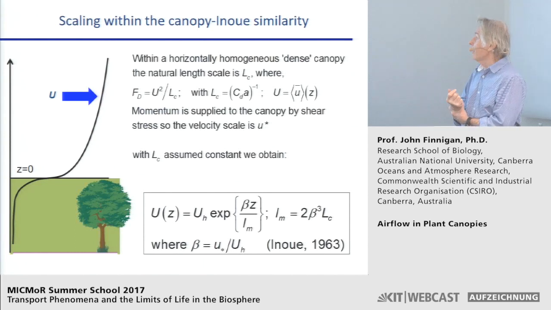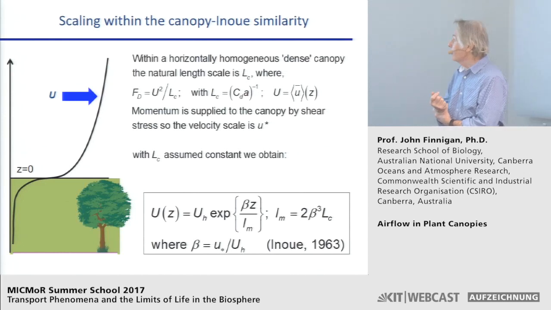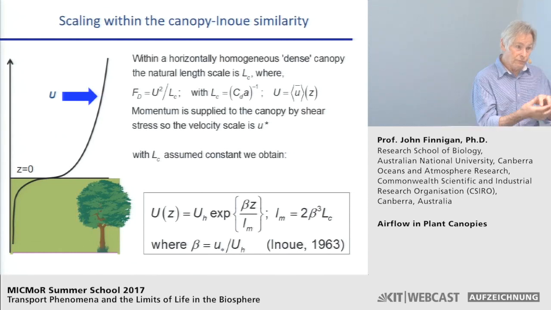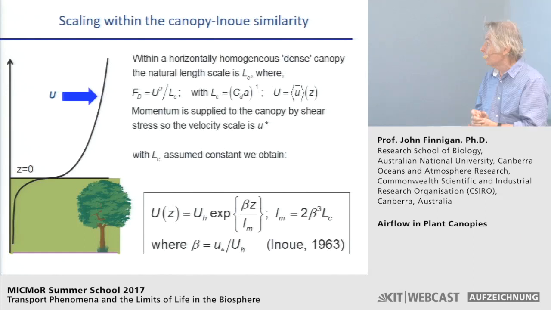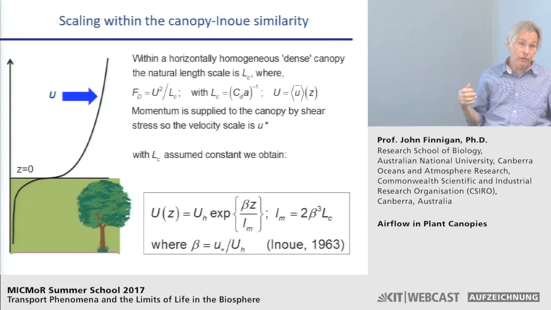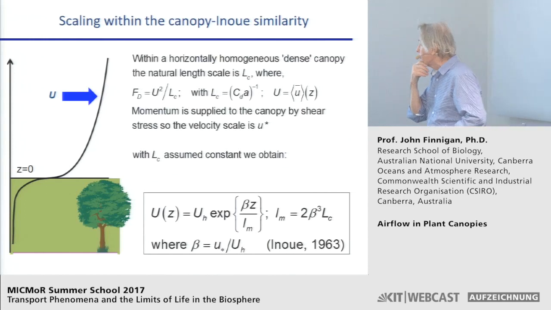We can parameterize the drag as equal to the square of the velocity divided by a length scale Lc, and Lc is given by a drag coefficient times the leaf area per unit volume of space in the canopy. In a couple of slides we'll talk about how we got to that formula for the drag, but just stick with it for the moment.